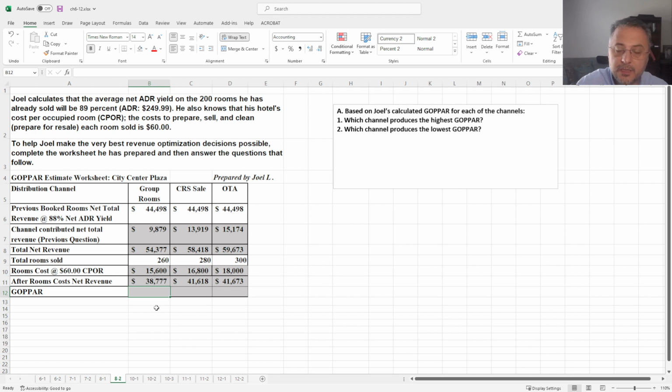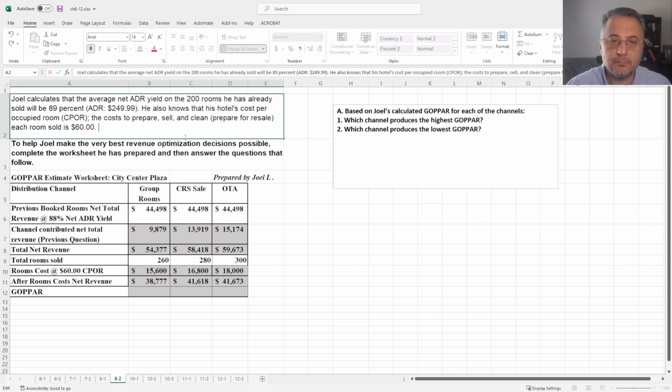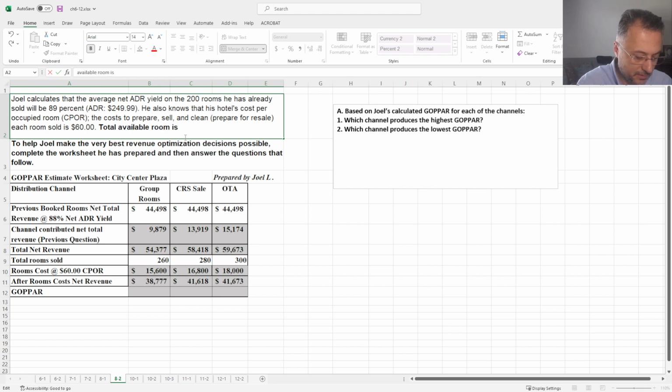Now, how many rooms is... I just realized we are missing one part here. Total available room is 300.